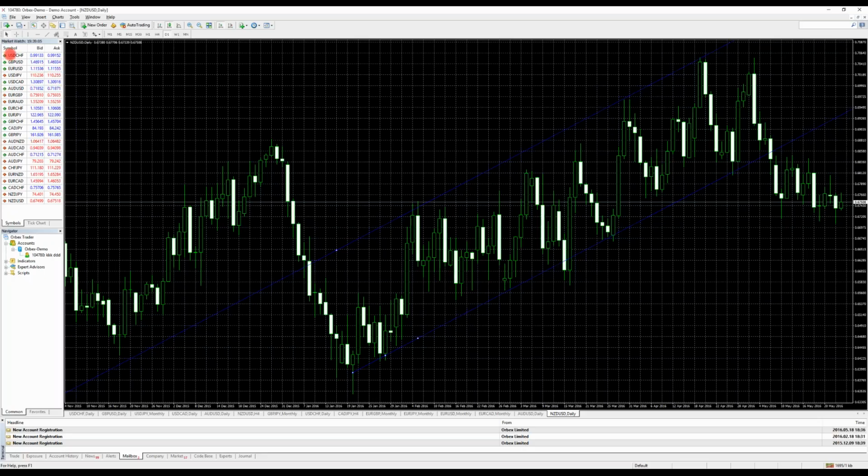So the stronger the US dollar gets, this pair would go up, while with Aussie dollar and Kiwi dollar, US dollar is quoted second. So the stronger the US dollar gets, the pair will go, what's the answer? Down, right?